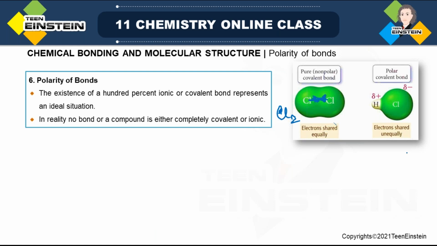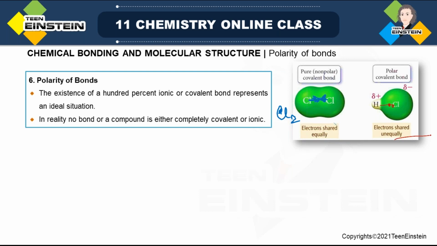But if you look at the second structure, this is hydrochloric acid. Now chlorine is much more electronegative than hydrogen, right? So the electron density that is present will be closer towards chlorine. Let me write it clearly. The electrons that are present will be close to chlorine, not hydrogen.